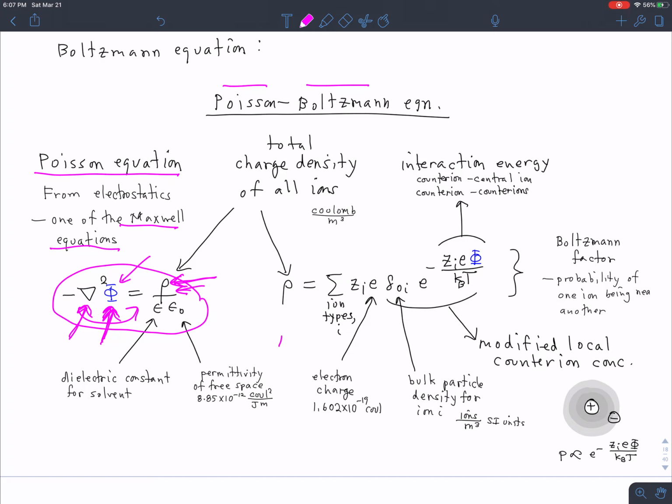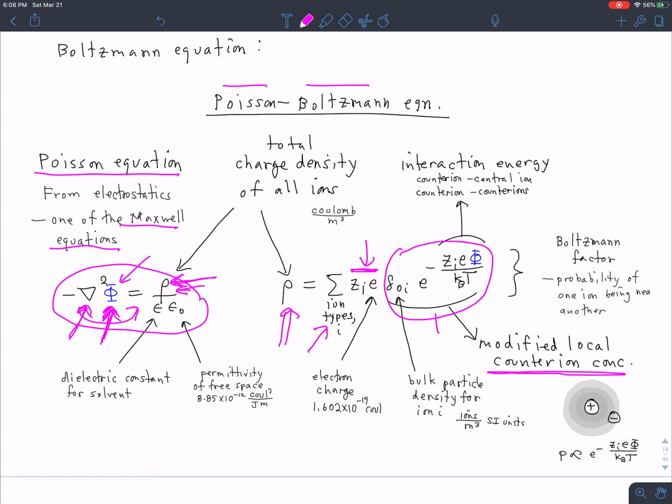Over here is what we're going to say our electrostatic potential is. It's a sum over all the types of ions in solution of the charge on each type of ion times a quantity, all of this stuff, which amounts to a modification of the local counterion concentration.